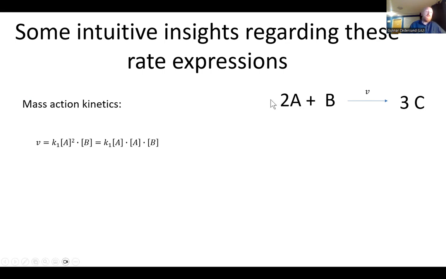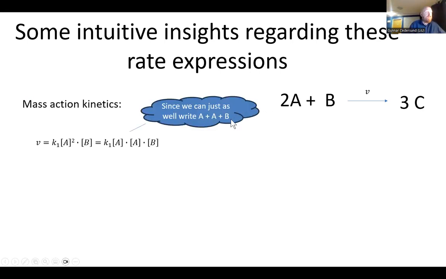That's because here 2A is the same as A plus A. So it could say A plus B. And if it would be like that, then since it appears as multiplications in the mass action kinetics, it would be A times B, because the plus turns into multiplication. And A times A is simply the same thing as A squared. So that's why the stoichiometric coefficients, which describe plus here, become exponents here. It's because of this very simple idea.